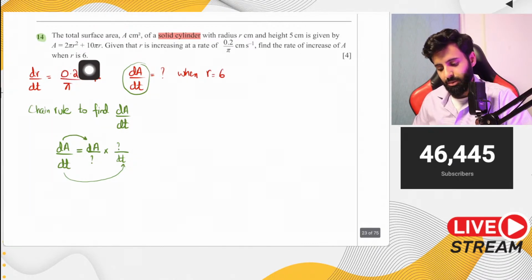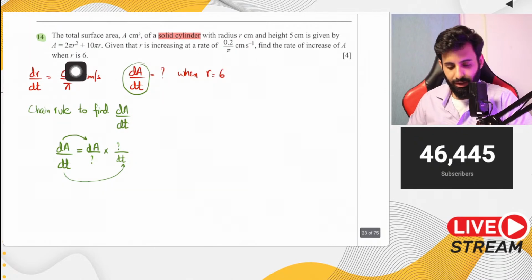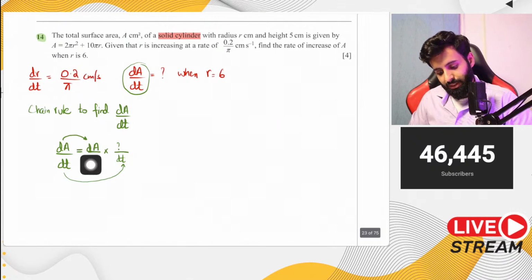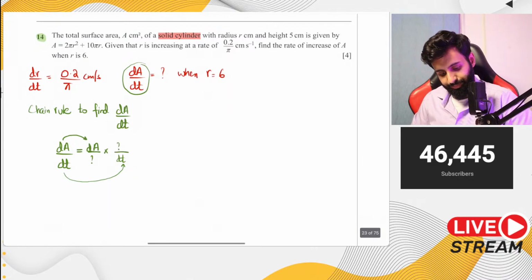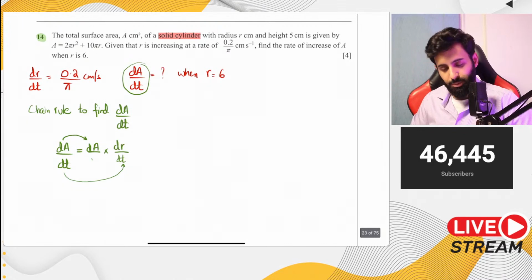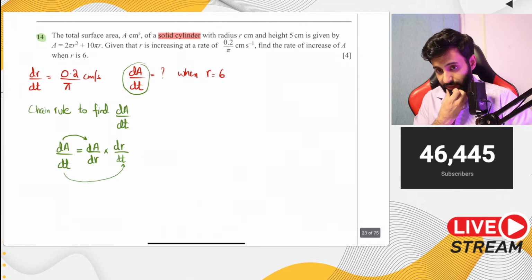Yes, you're given the height, but that's it. Just like that, I can't have dv over here because again, there's no volume in the question. So what's common in this question, what will go over here is dr, because dr is what's relevant in the question. Yes, dr, good job.